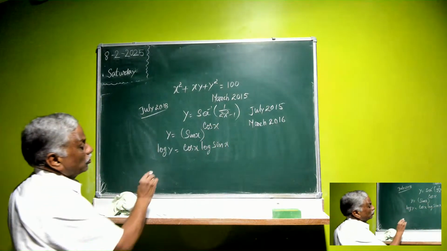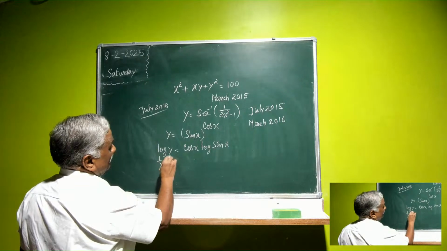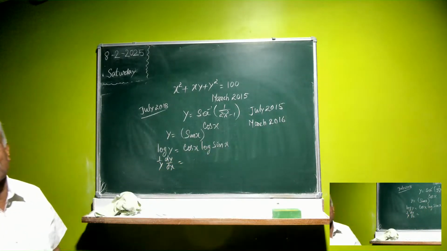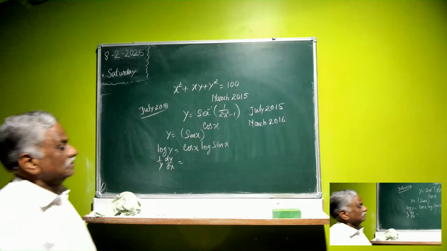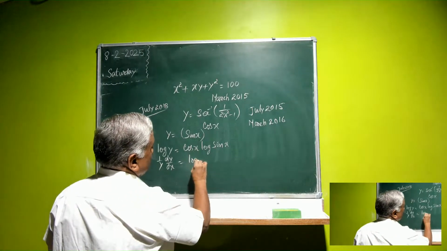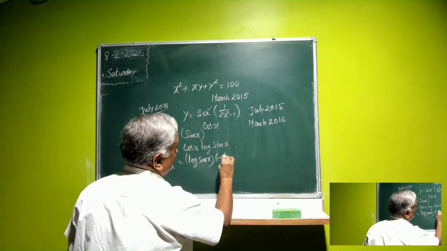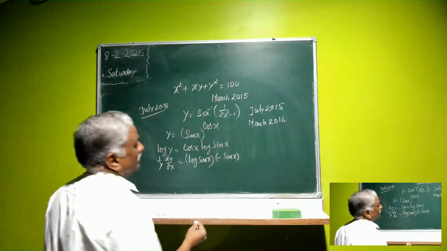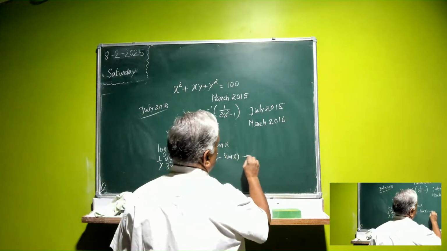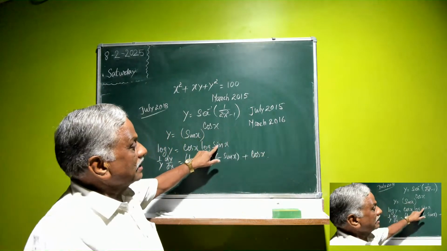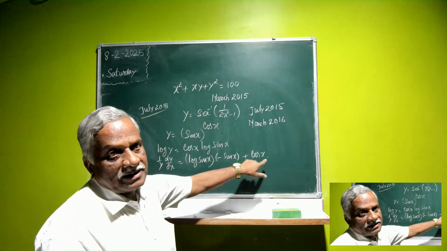So differentiation log y is 1 by y dy by dx, and cos x log sin x is a product. So keep log sin x as it is. Differentiate cos x, you get minus sin x, and keep cos x as it is. You differentiate log sin x, you get 1 over sin x.